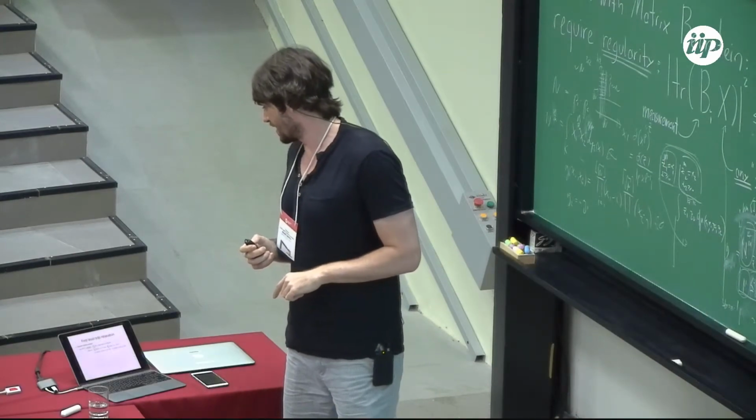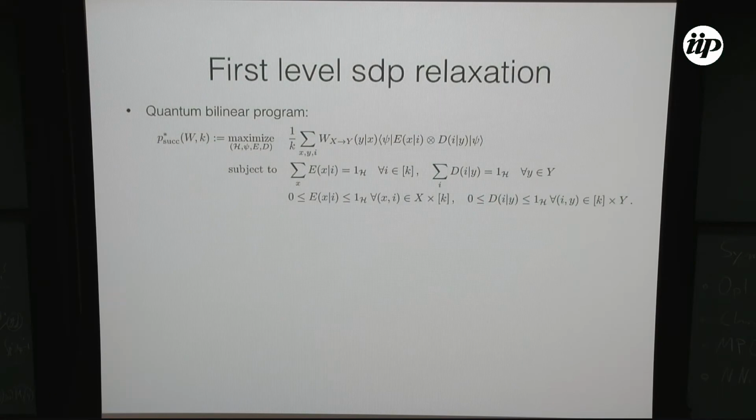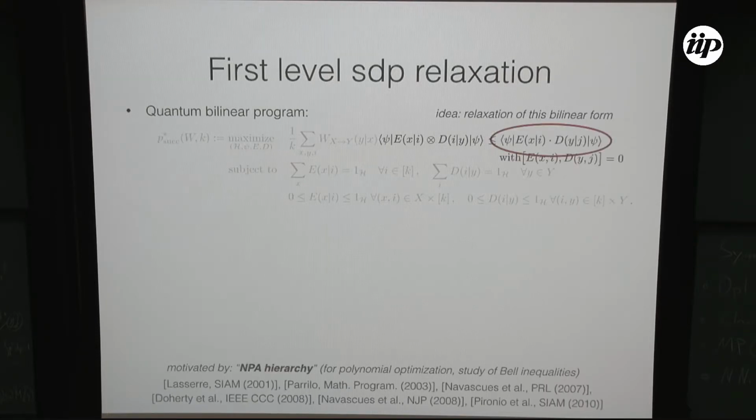Excellent. Yeah. So let's look at the idea. This is again just the p star quantum bilinear program from before. So nothing happened yet. And well, as we already heard now, there are of course lots of ideas out there how one can derive SDP hierarchies. In particular, the classical works by Serre and Berta.